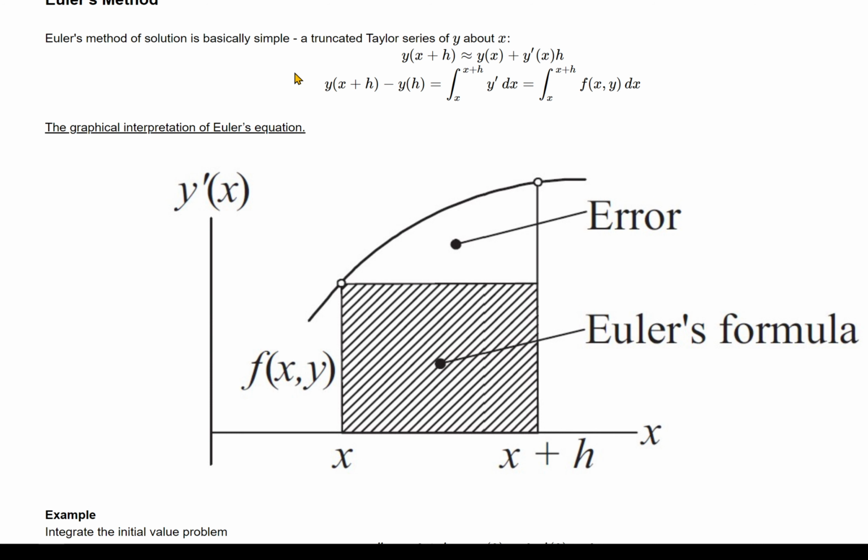So that's a graphical interpretation of Euler's method. Basically you have this approximation, you truncated the other higher powers of the Taylor series, so we just get the first order, the first degree.